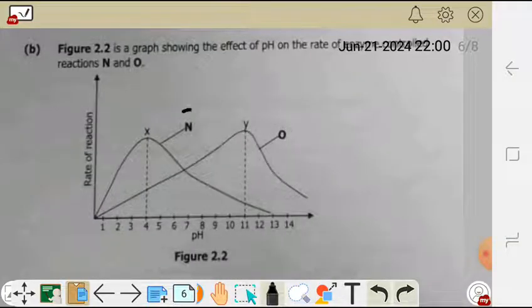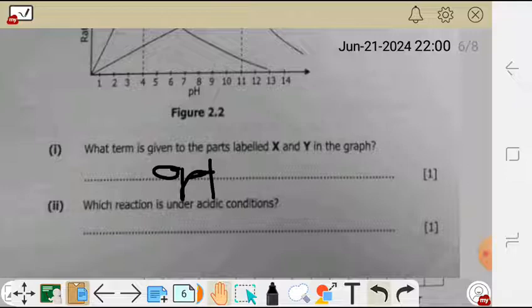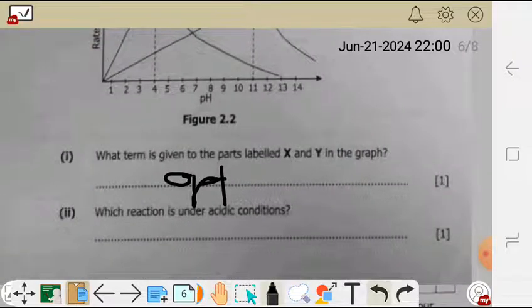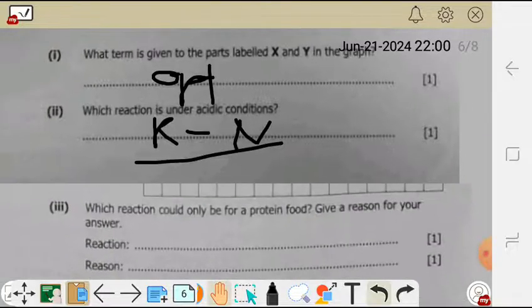Okay, so reaction N is acidic. Which reaction is under acidic condition? So you say reaction N. So you write reaction N there. Okay, so that is for question 2.